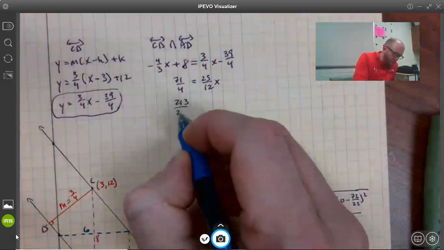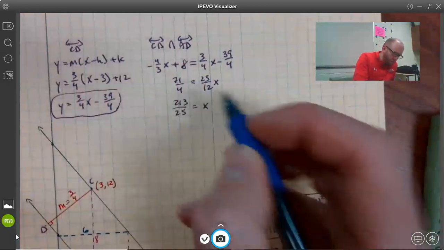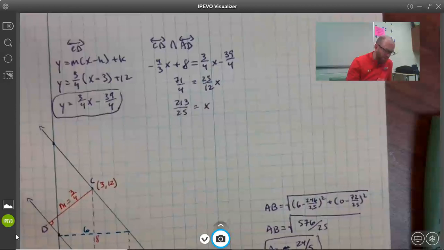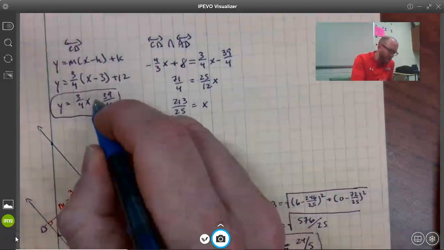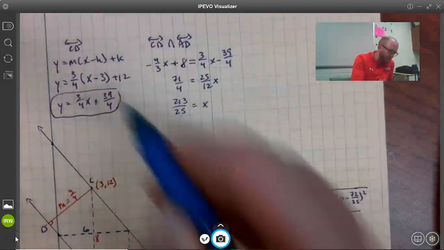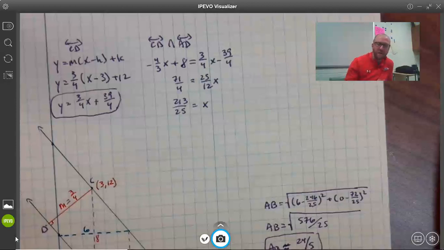We have a problem here. That can't be right. We're going to pause for a second while I sort this out. Found it. That should be plus 39/4 right there, not minus.